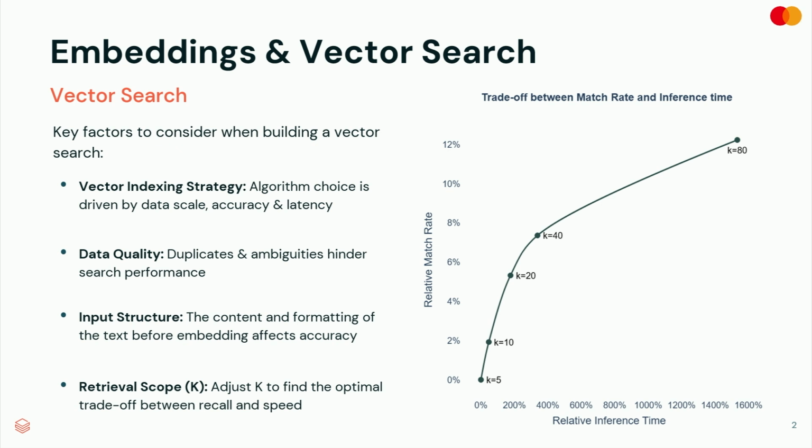We increase the inference time by approximately, I think, 250% or 200%, and we gain around 50% bigger match rate. We could go with K80, why not? But it's dependent on the use case, and if you can really afford that huge inference time.